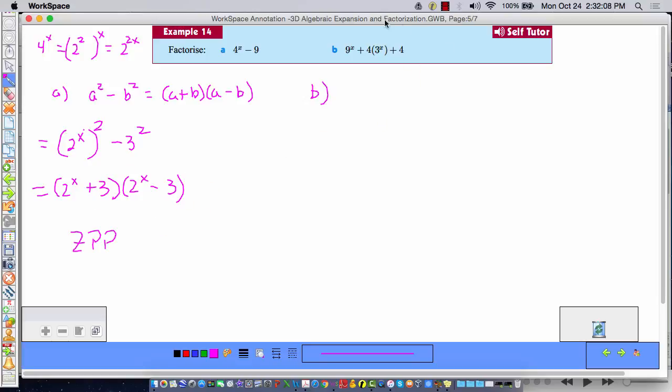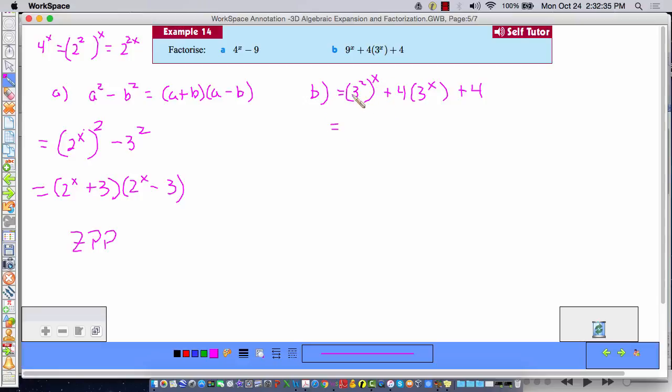Part B looks a little intimidating, okay? But take a look at this. I've got a 3 to the x power here. 9 to the x, I can write 9 as 3 squared to the x power, plus 4 times 3 to the x plus 4. And I'm doing this a little bit more step by step.